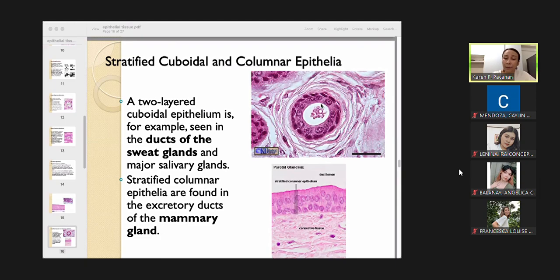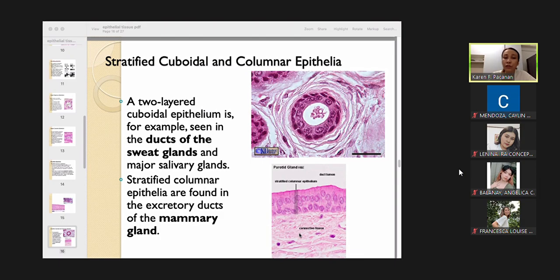It is made up of 2 to 3 layers of cuboidal cells. That would line some segments of the major salivary glands. I mentioned earlier that some segments of the major salivary glands would also be lined with simple cuboidal. So some segments are simple cuboidal, other segments are lined with stratified cuboidal.